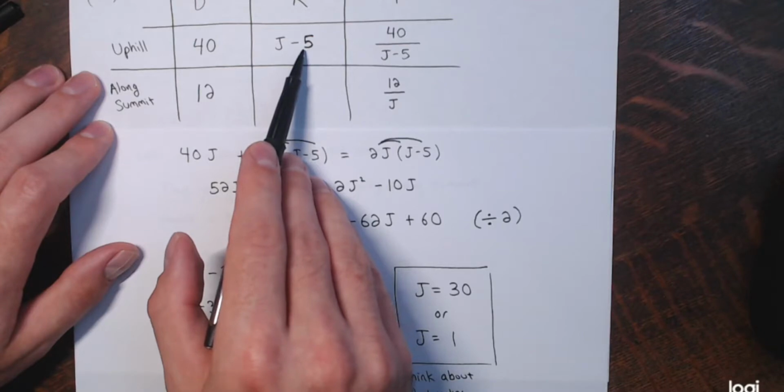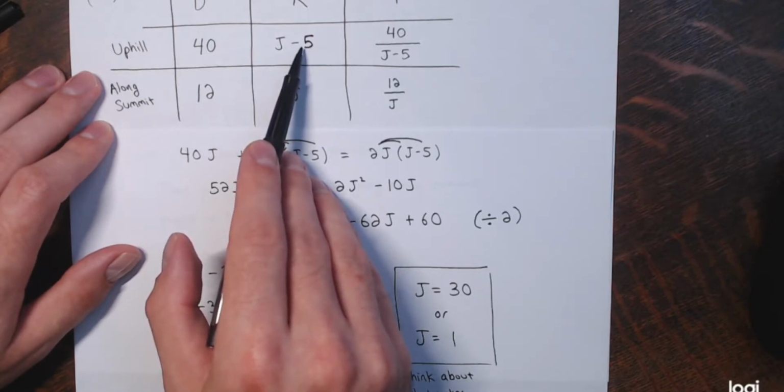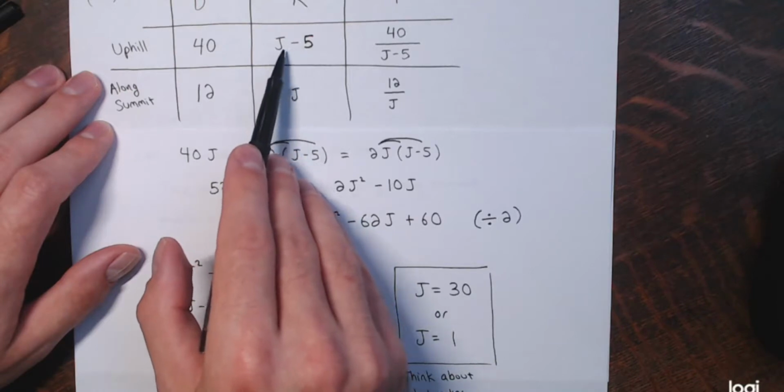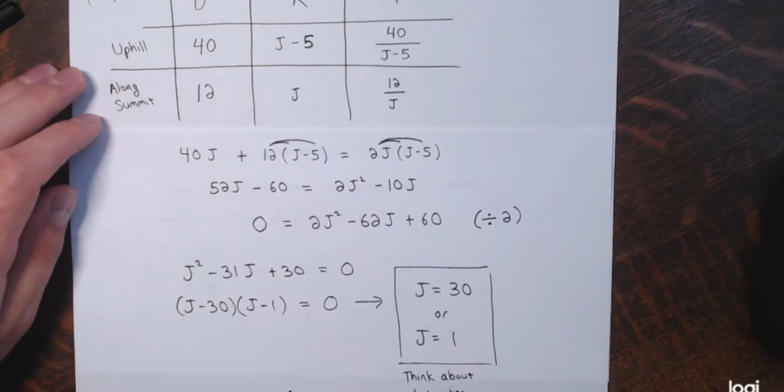And these are speeds. Speed can't be negative. Velocity can, but we're talking about speed. It doesn't make any sense for her to be biking negative 4 miles an hour uphill.